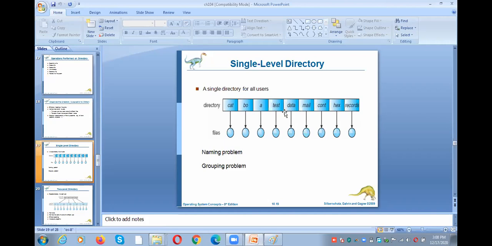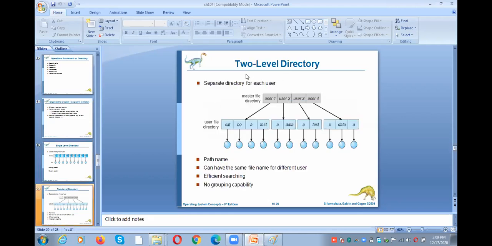All these are the names, and no two names are the same, right? So we cannot use the same name for two different files. And grouping problem. We cannot divide C programs into one part and the Java programs into another part like that. We cannot create that. There is only one directory and the second level is files. That is the reason it is called a single level directory.